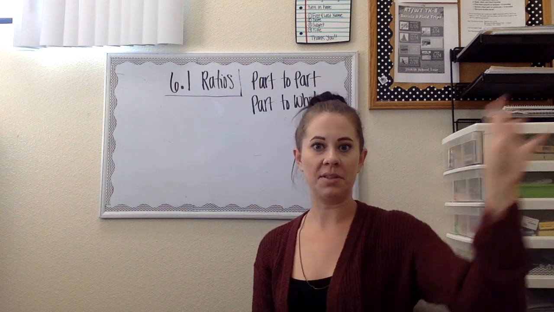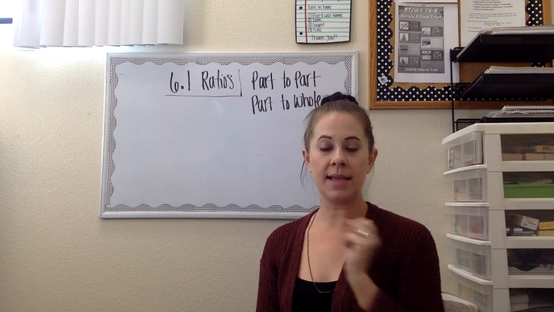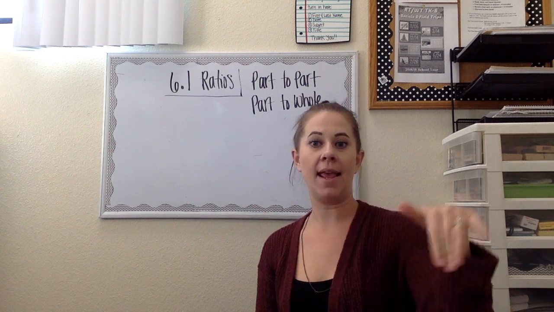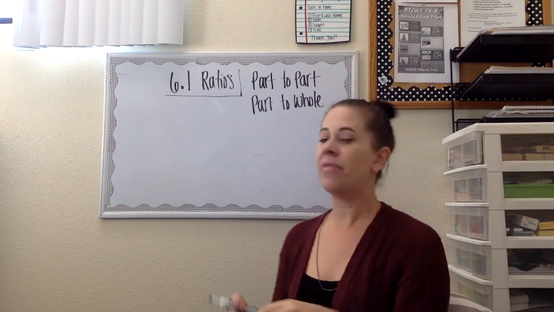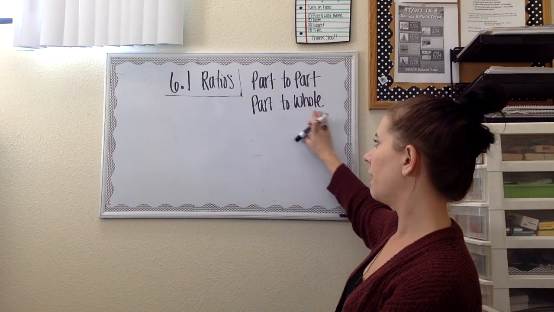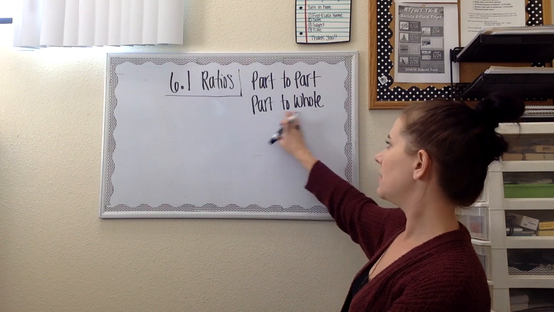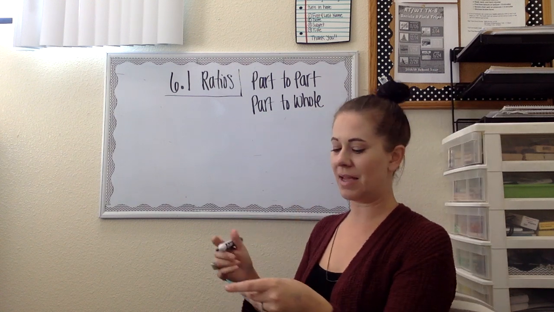There's 5 dogs and 3 cats. We could also compare part to whole. So we could say there's 5 dogs to every 8 animals. Okay, so did you hear the whole? And this can be switched. We could say for every 8 animals, there are 5 dogs. So these 2 words can be switched. So let me show you another example so that this makes sense.